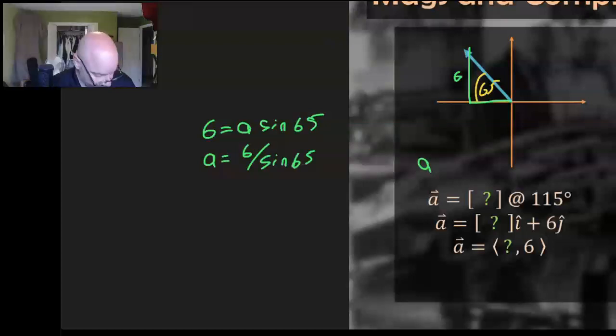I'm just going to use A to denote the magnitude. A with a little line means my vector. So we know that the vertical side 6 is equal to A times the sine of 65. And so if we need A, then we can just say this is 6 divided by the sine of 65.